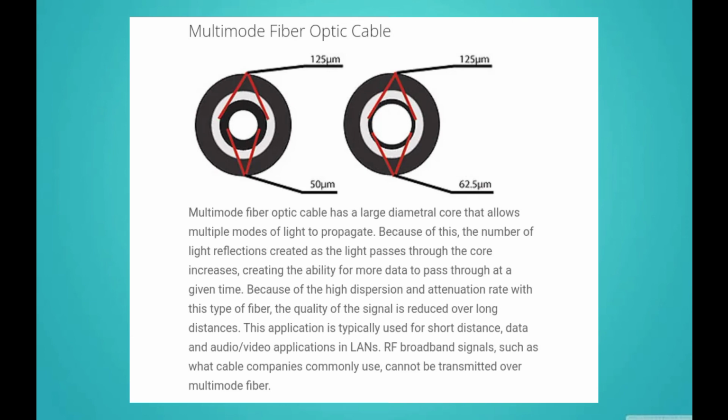Because of the high dispersion and the attenuation rate with this type of fiber, the quality of the signals is reduced over long distances. This application is typically used for short distance data and audio or video applications in LANs. RF broadband signals such as what cable companies commonly use cannot be transmitted over multimode fiber.